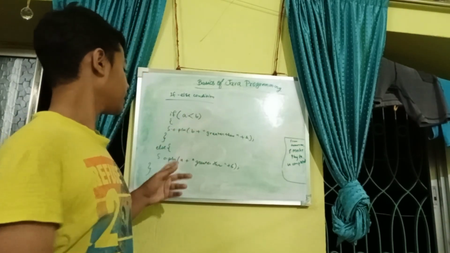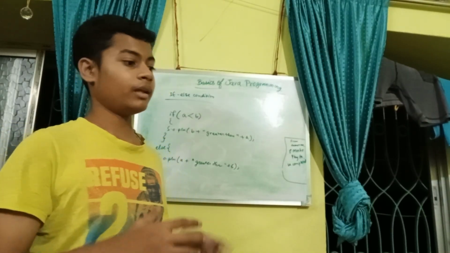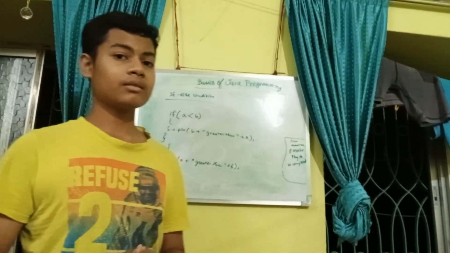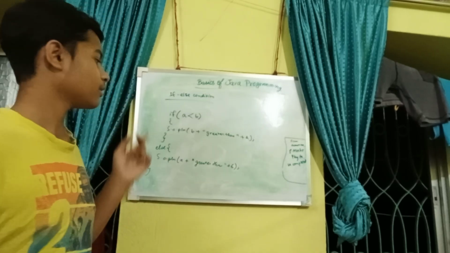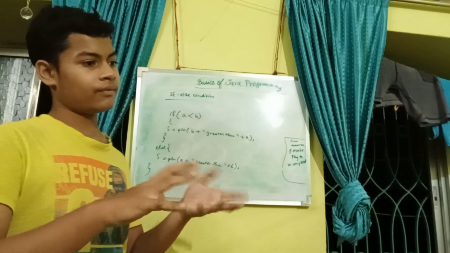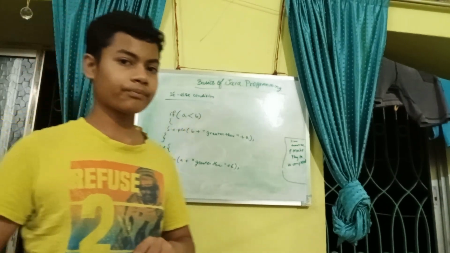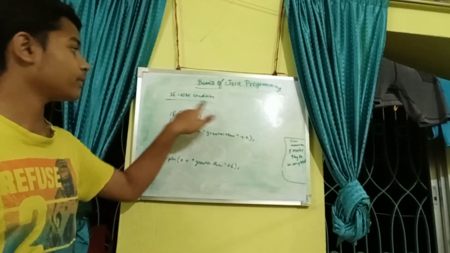If I fail in this idea, I will get a result like this. The way I go to college will be tough. All of this is decision making. Decision making means if-else. If-else is going on in your mind: if I fail here, I have to do this. This is the decision making condition, that is the if-else condition.